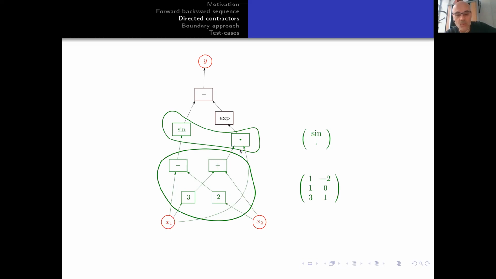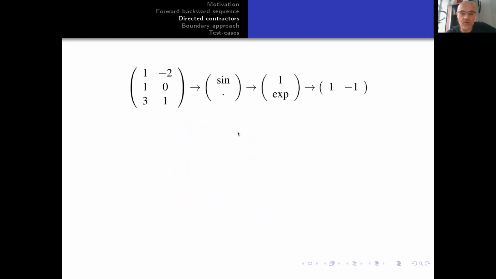And I continue, but here I'm stopped by a nonlinear function, and the one here corresponds to the identity. I continue, this one is linear, so it corresponds to this matrix. And in fact, this forward and cut algorithm provides me this sequence.